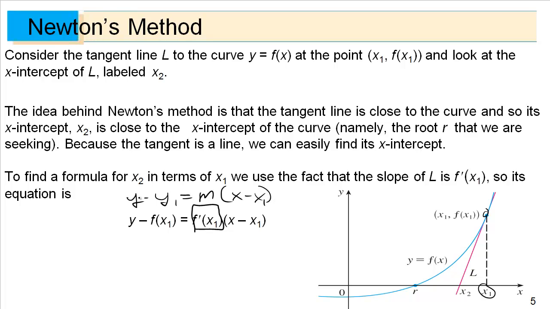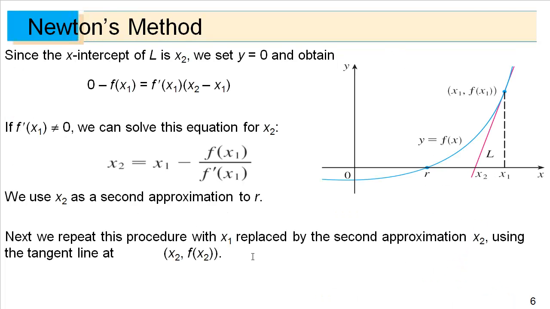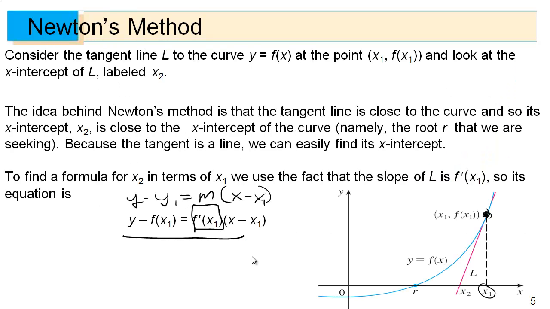This is just the equation of the straight line that goes through this point. Once we have this equation, we set it equal to 0 and solve. So that's what we did here.